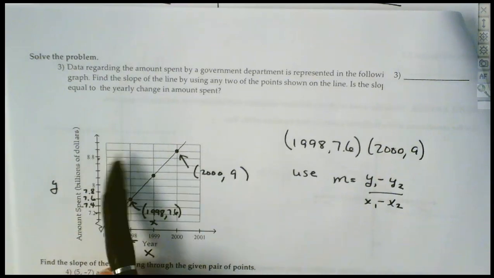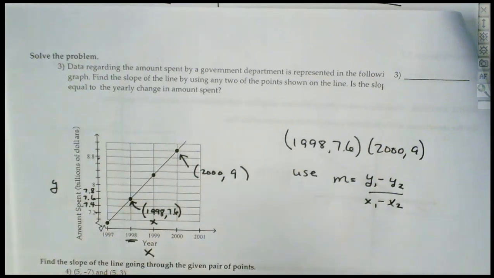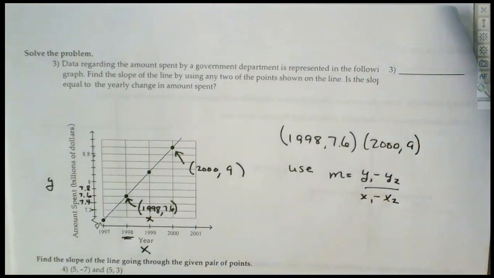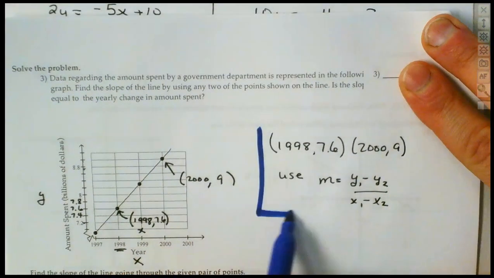Okay, so that's 2,000, comma 9. Use that with your slope formula to come up now with the change per year. How many more billion are you spending every year? So that's what I want you to do on that. Just use these 2 ordered pairs with our slope formula. That's what they're wanting you to find.